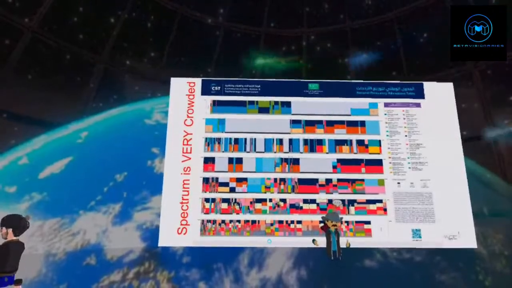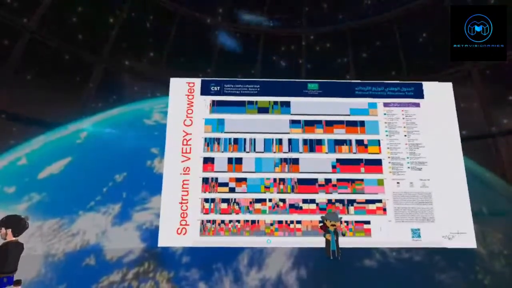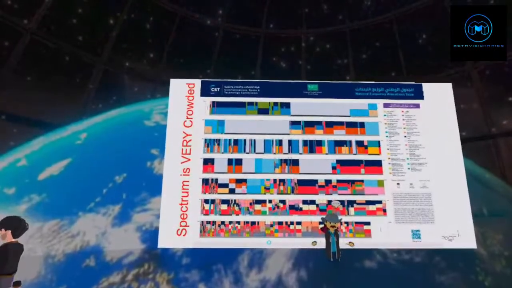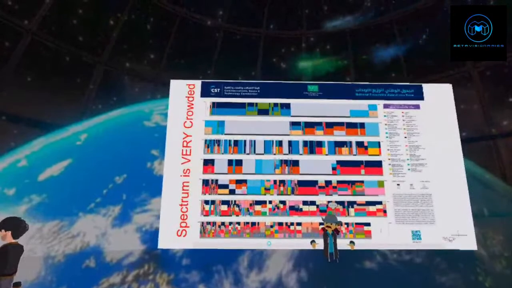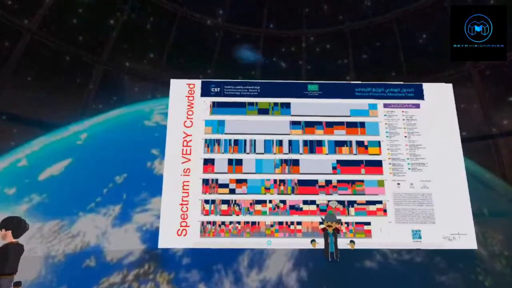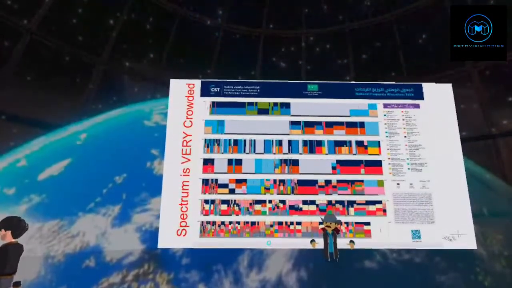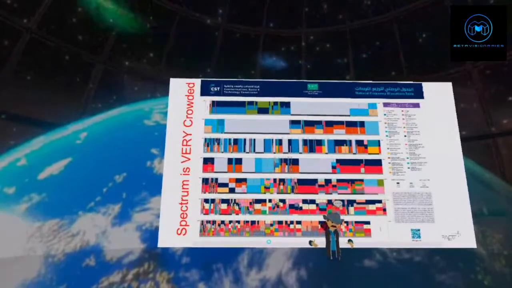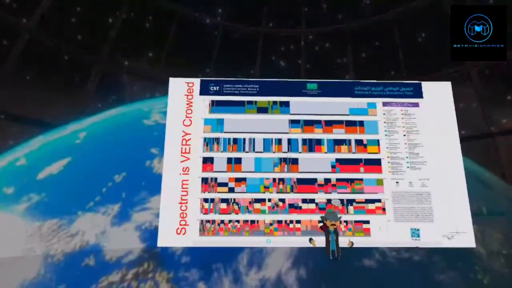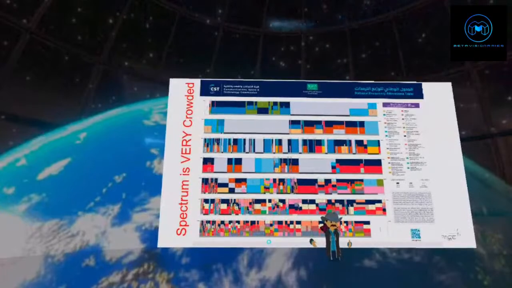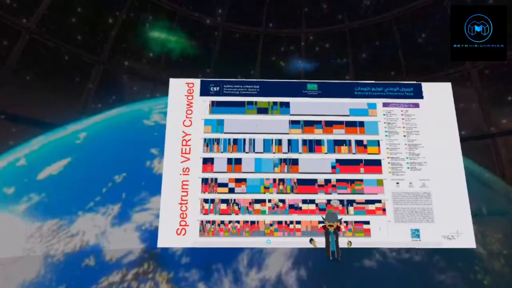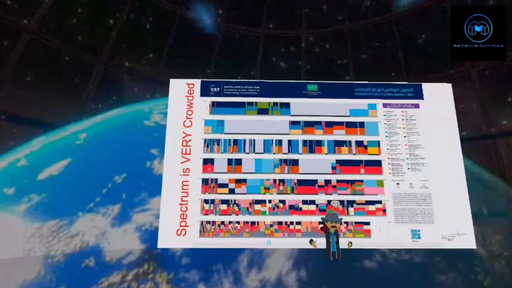And you can see how complex this is, and how many different parts of the spectrum have to share allocations because there simply is not enough spectrum. There's just not enough. And so they have to multitask, if you will, the spectrum. And this is a serious problem. It's a growing problem. And we're going to have to deal with this more and more.